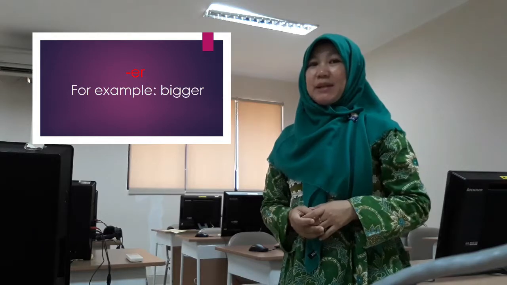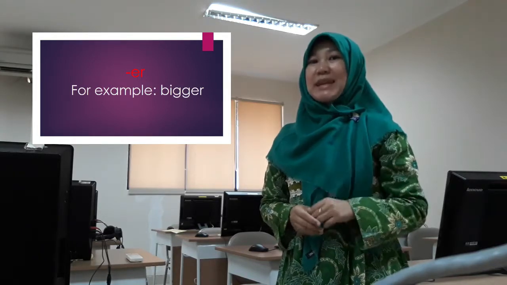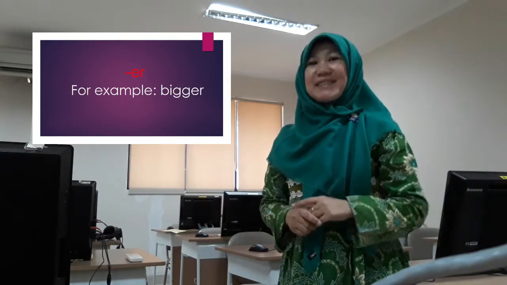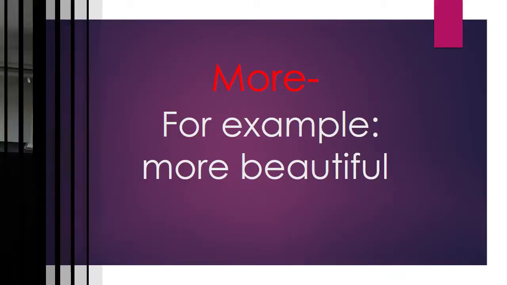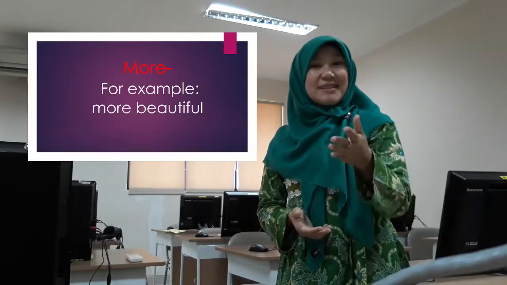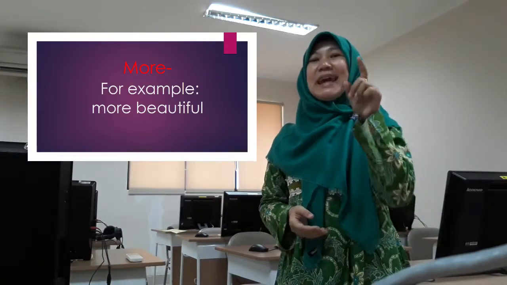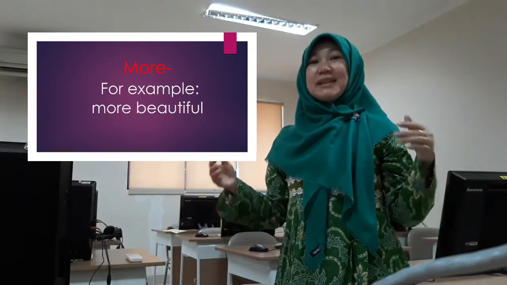This is an example. For the word big, we can have bigger as the comparative adjective. For most multi-syllable adjectives, the words like beautiful or handsome, you can simply add more to make it become comparative adjective. So we have the word more beautiful.